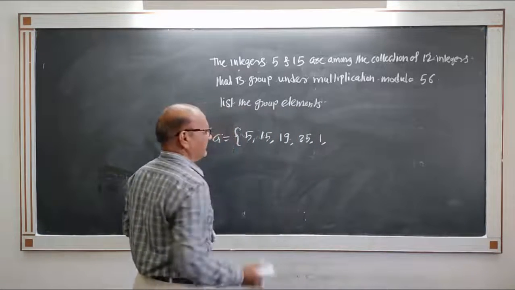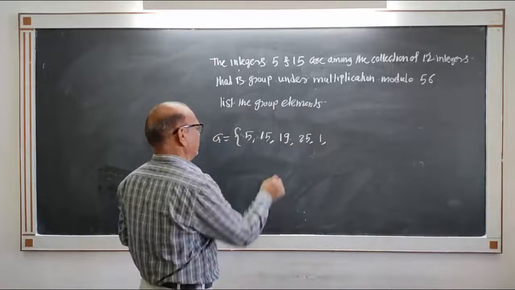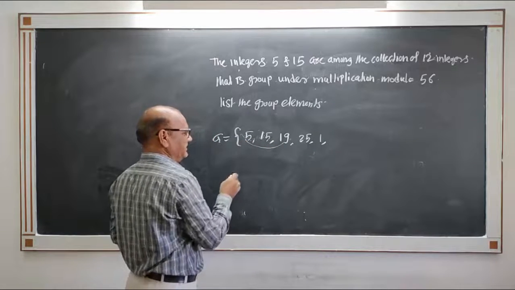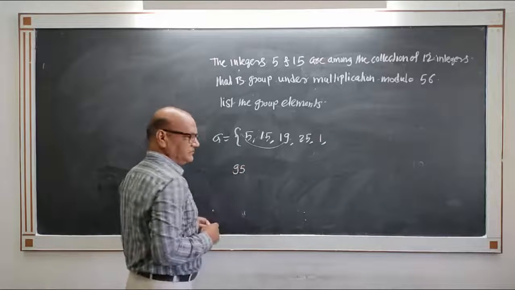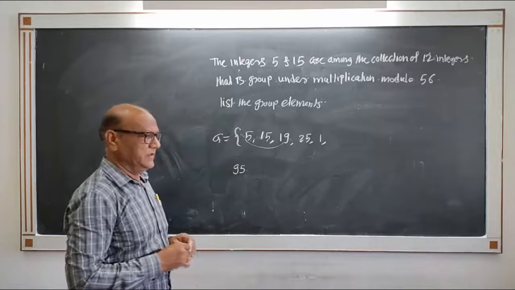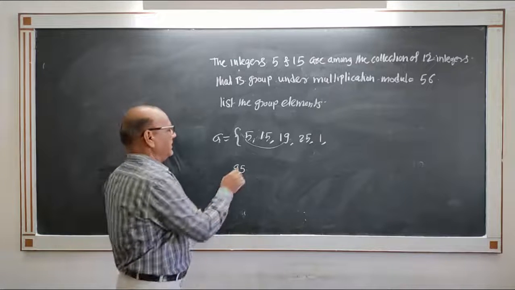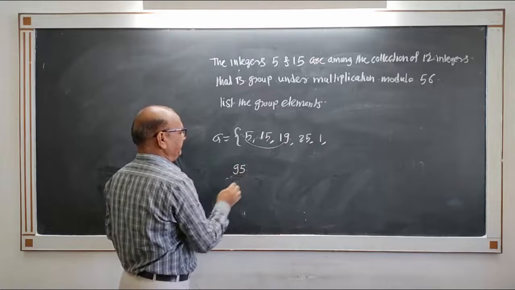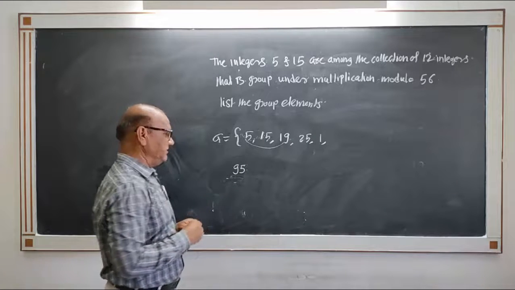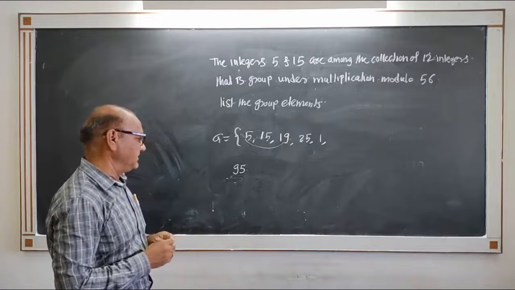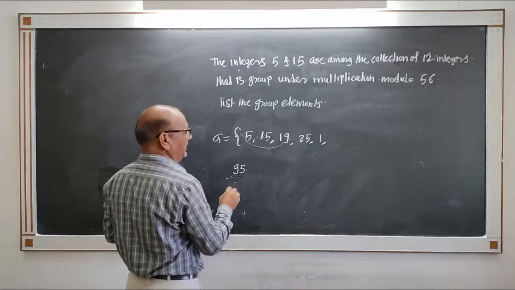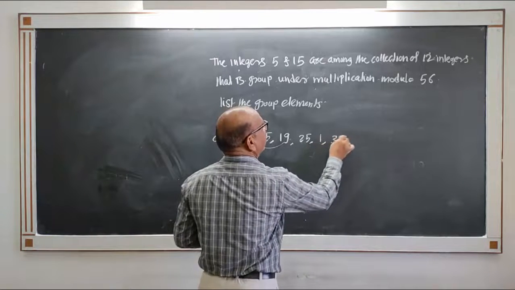Now the product of these again belongs to this, that means 95, and 95 modulo 56 means 39.